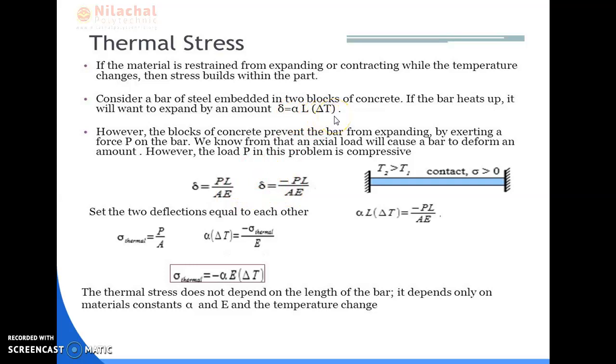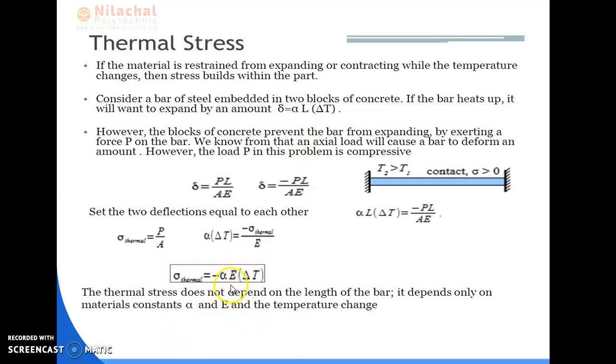We can find strain as change in length by original length. So L alpha del T divided by L is equal to alpha into del T. From Hooke's law, Young's modulus is equal to stress by strain, so stress is equal to strain into Young's modulus.